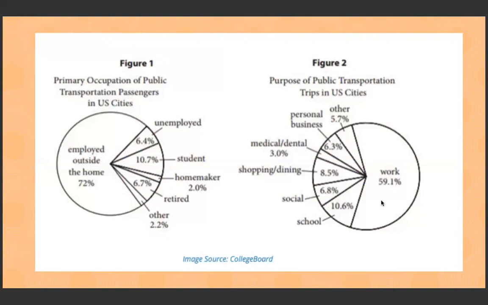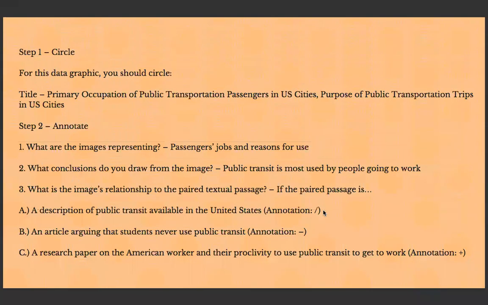So in this particular case, you have the majority of people are off to work. You've got other here, personal, business, medical or dental, shopping, social, and school. So who's going to take public transportation and where are they going? That's what you're comparing.